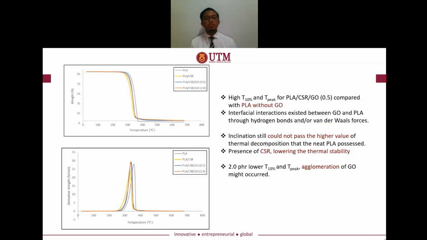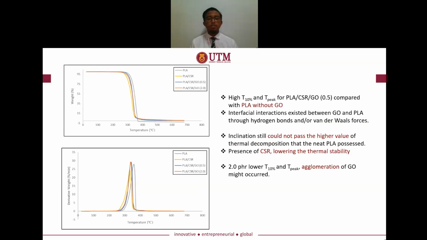And when we start to incorporate graphene oxide into our composite, we found that the T10% and the Tp improve, and at 0.5 the value is high compared with the PLA without graphene oxide.